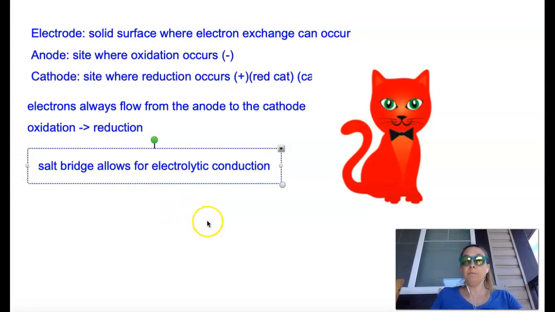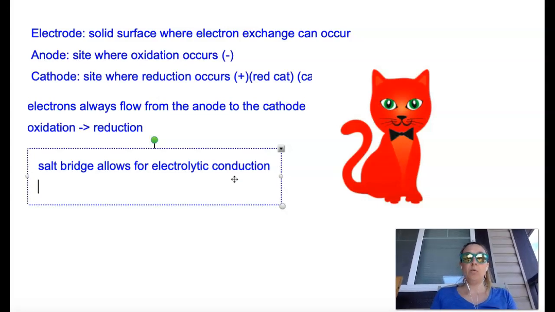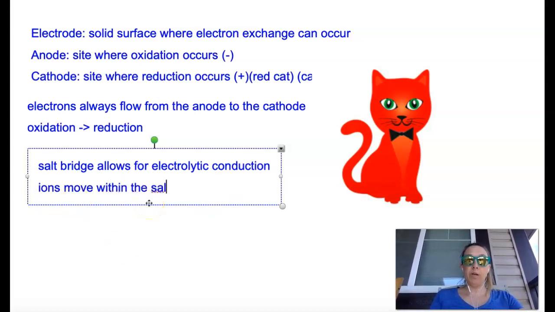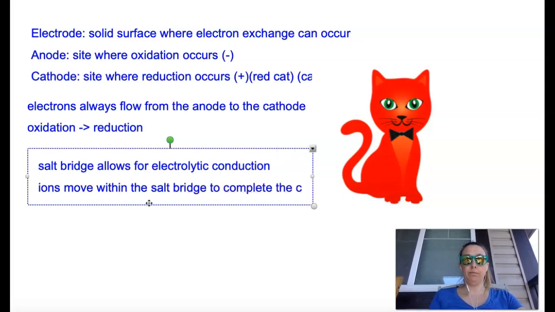The difference is what's moving through the salt bridge. Moving through the wire is our electrons moving charge, but moving through the salt bridge isn't actually electrons. It is the ions that move. So the ions move within the salt bridge to complete the circuit.